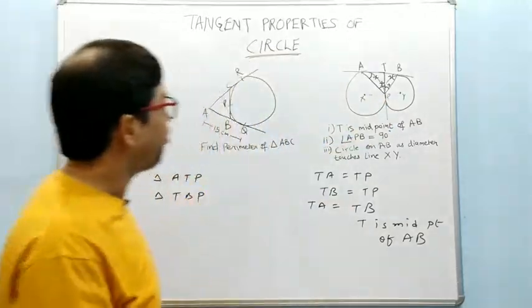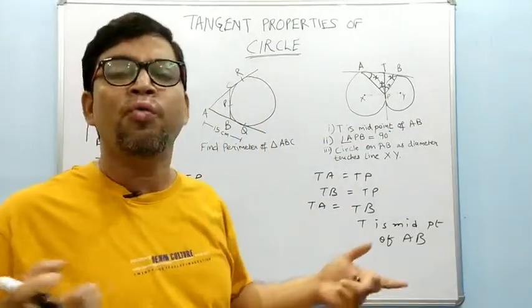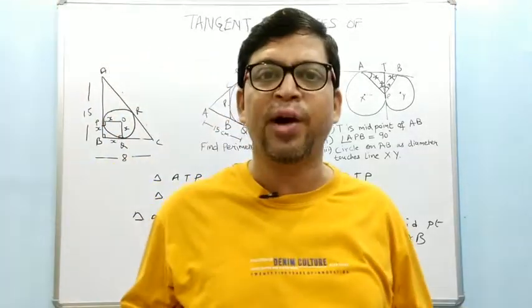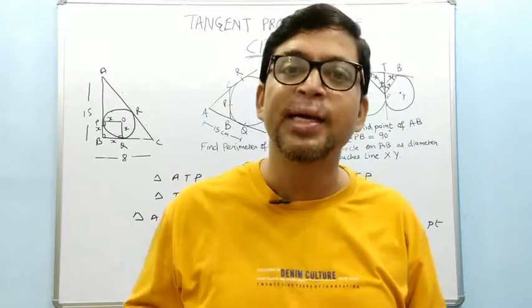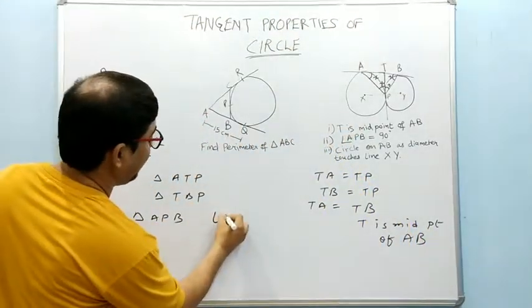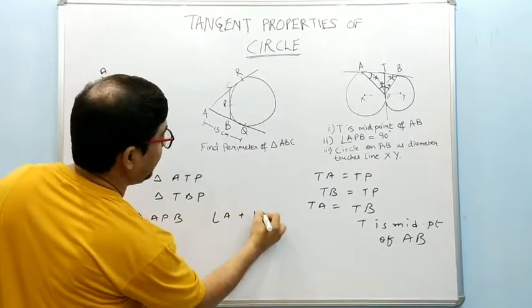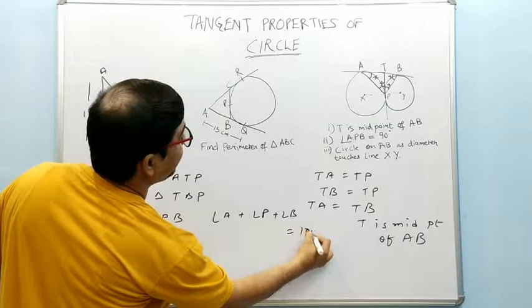Now, in triangle APB, we know one thing about the triangle, that the sum of all the angles is 180 degrees. So we can write angle A plus angle P plus angle B is equal to 180 degrees.